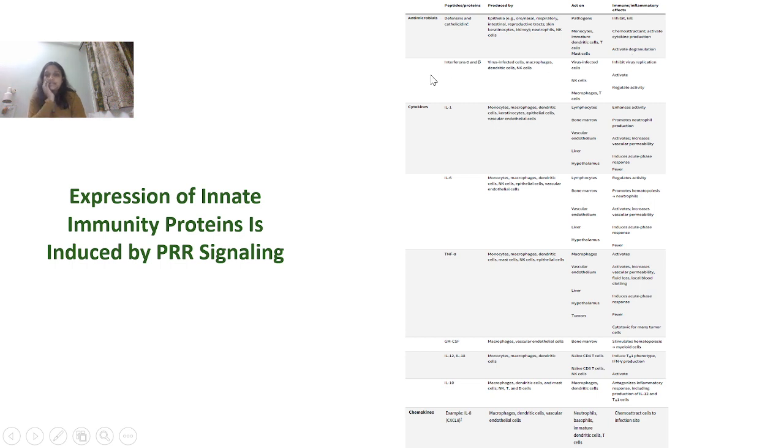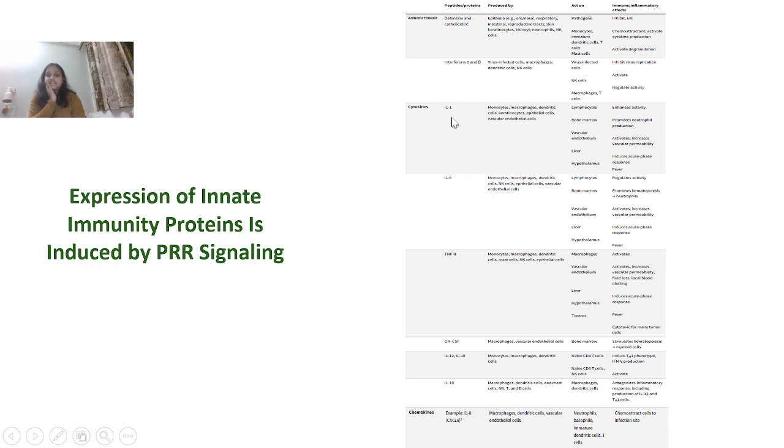Then there are obviously interferons, interferon alpha and beta, which are the type 1 interferons, which are produced by the NK cells, macrophages, dendritic cells, virus-infected cells. They act on these virus-infected cells, NK cells, macrophages, T cells, and can inhibit virus replication or activate the NK cells, and regulate the activity of these different kinds of cells.